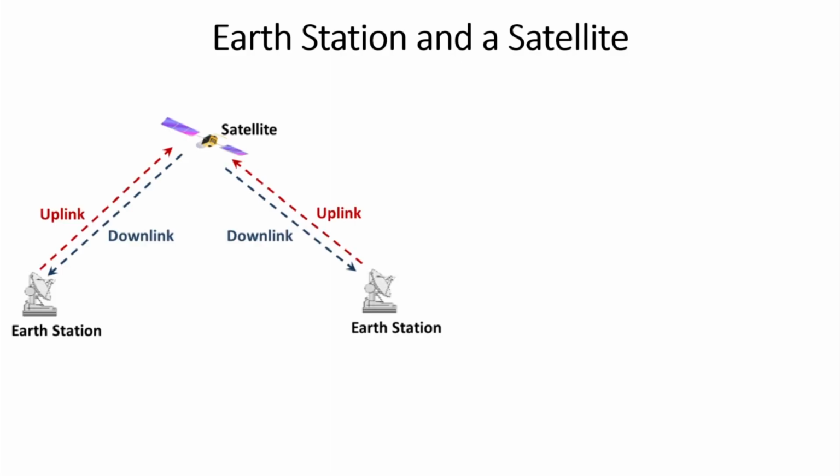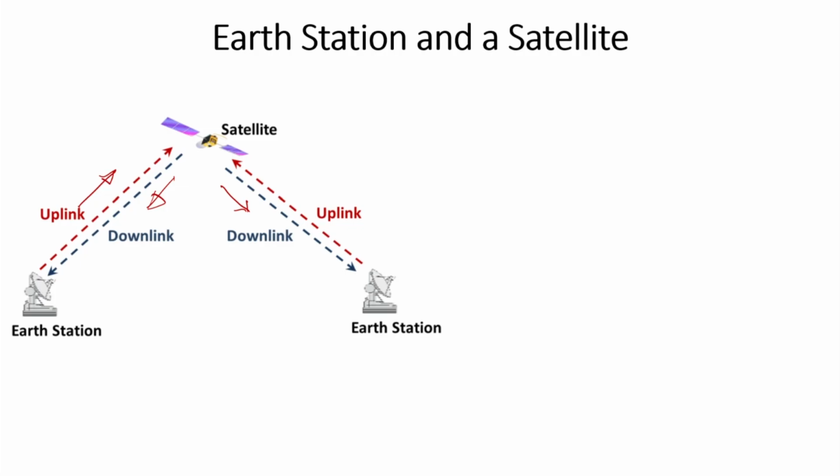Let us discuss how the earth station and the satellite are connected. In this illustration two earth stations are shown. When an earth station communicates with the satellite, it sends a signal called the uplink. The satellite processes that signal, translating it to a downlink signal, which can be sent to another earth station or to the same earth station; both ways are possible.